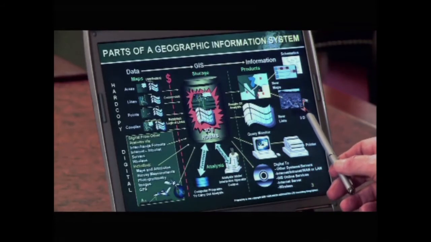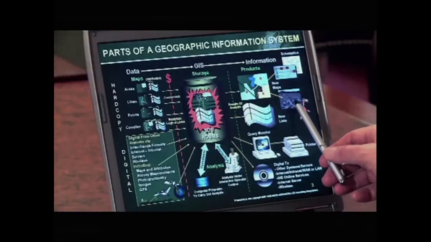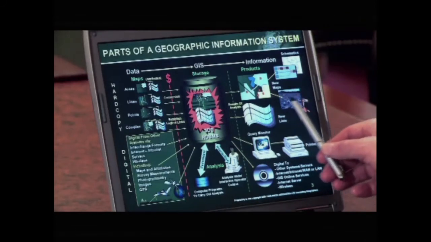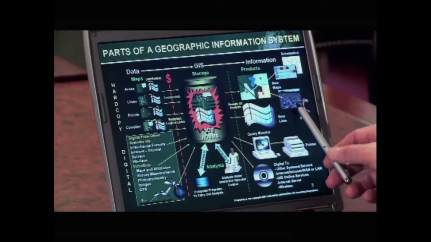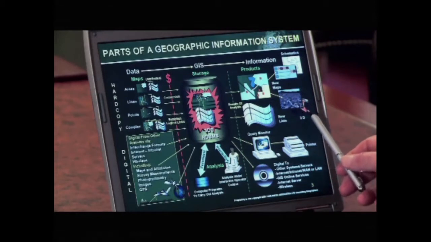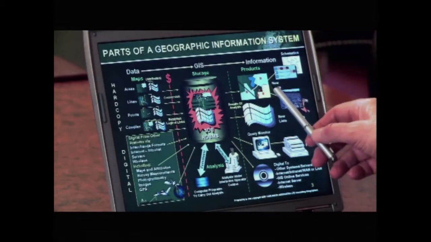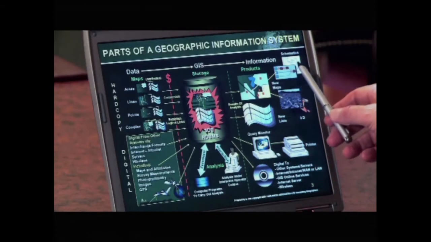Do not think that GIS only have to produce maps or any form of maps. New maps can be in the form of photographs coming out, of images in 2 dimensions and in 3 dimensions. They can be in the form of schematics coming out.